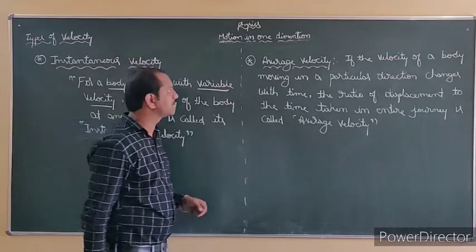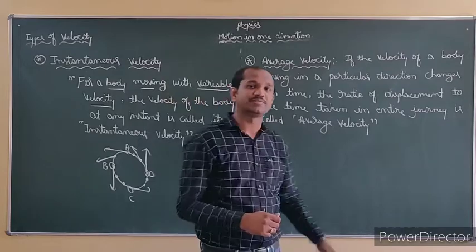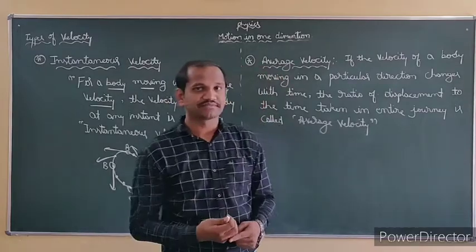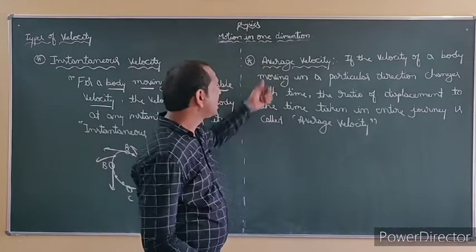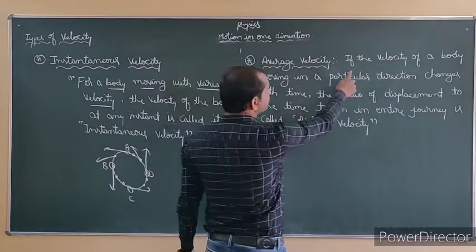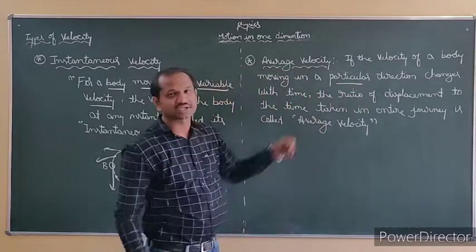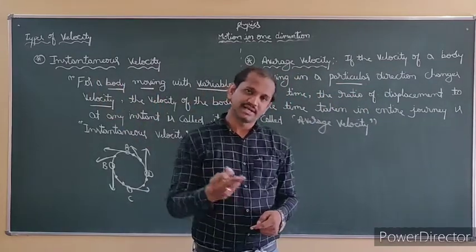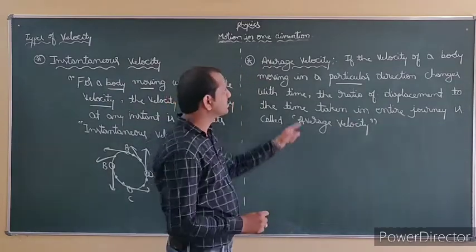The last type of velocity we have is average velocity. In the case of speed, what was the average speed? The total distance covered by a body divided by total time. The same way is average velocity. Why does direction come here, and why not in the case of speed? Speed is a scalar, while velocity is a vector, where direction is important along with magnitude.